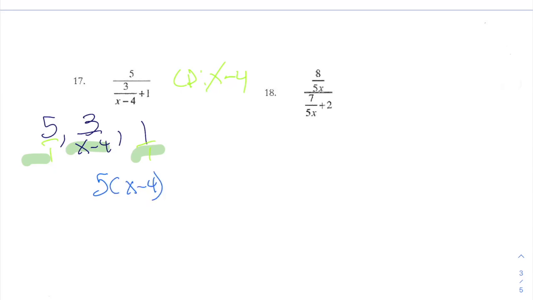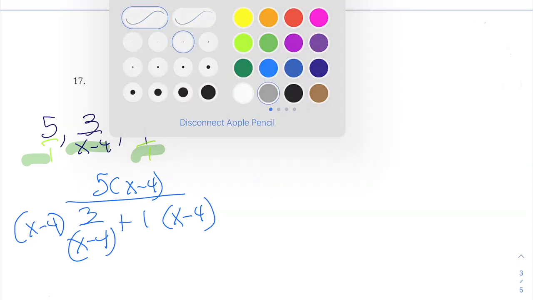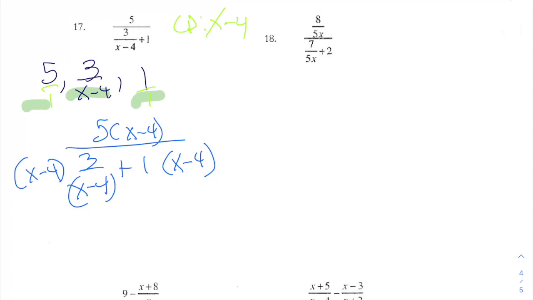So 5 times x minus 4, 3 over x minus 4 times x minus 4, plus 1 times x minus 4. And after a little bit of simplification, we get 5x minus 20.